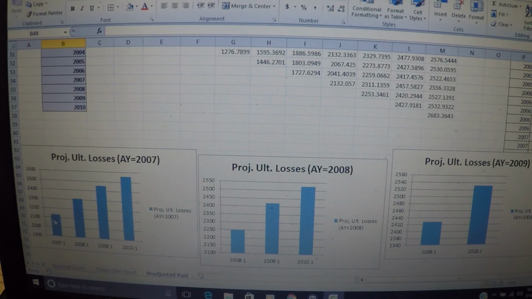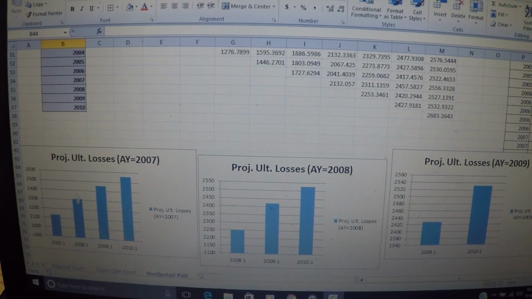This represents what I would have projected as my ultimate losses had I been in calendar year 2007. A year passes, I do the estimate again, I use the chain ladder method, I run the whole analysis again, I get my projected ultimate losses for that same accident year, 2007, and I say, what are my ultimate losses now? Well, damn it, they're 2,300.